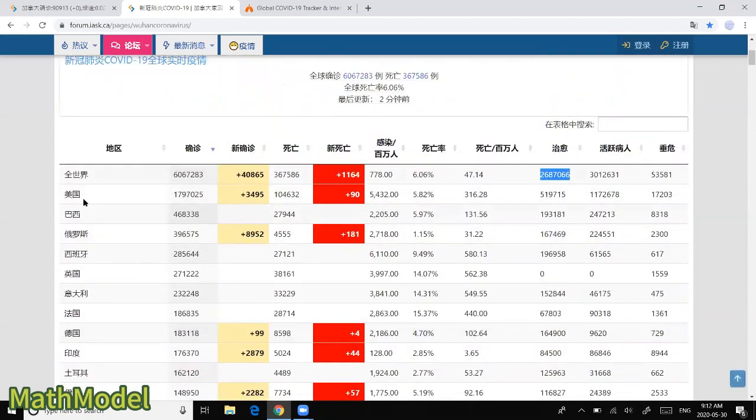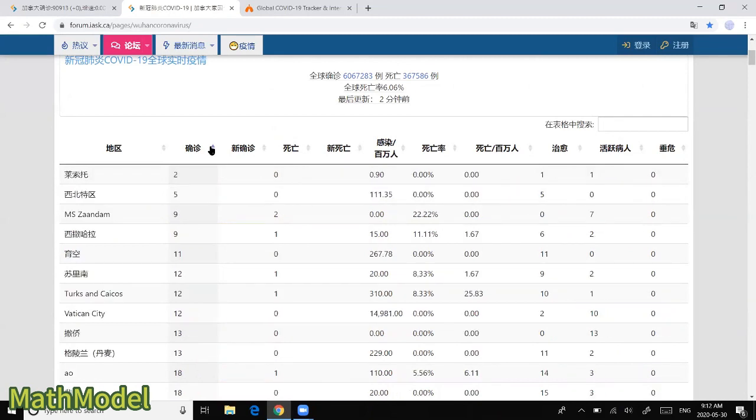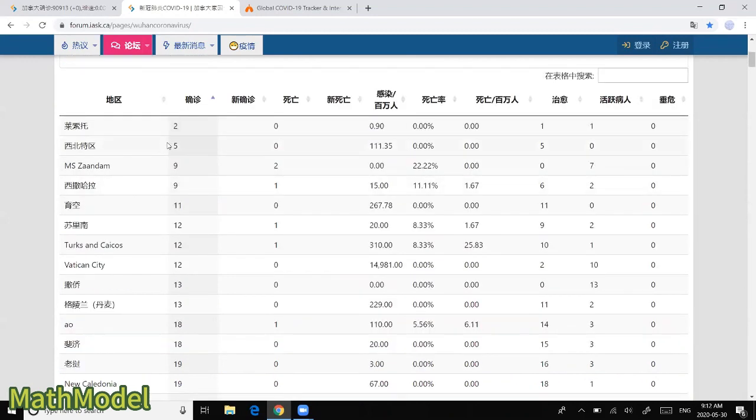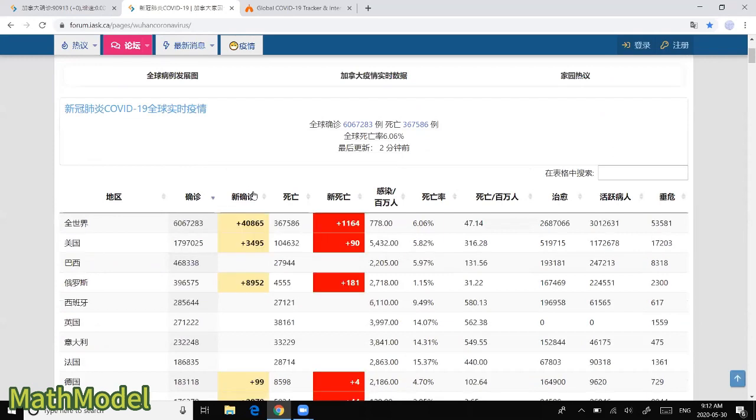We see that this down arrow means that we go from the most cases to the least cases. So USA currently has the most cases as of now. And then we see all these small countries that have like 2 cases, 5 cases, and so on.